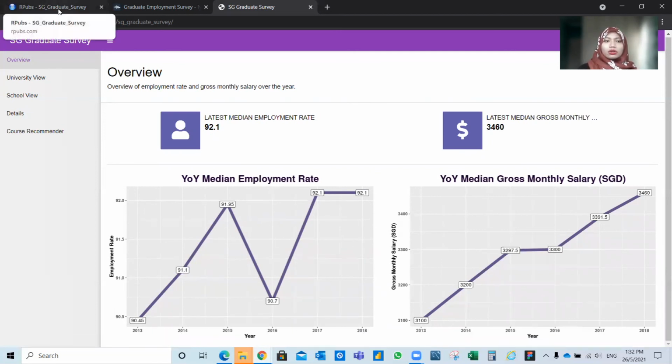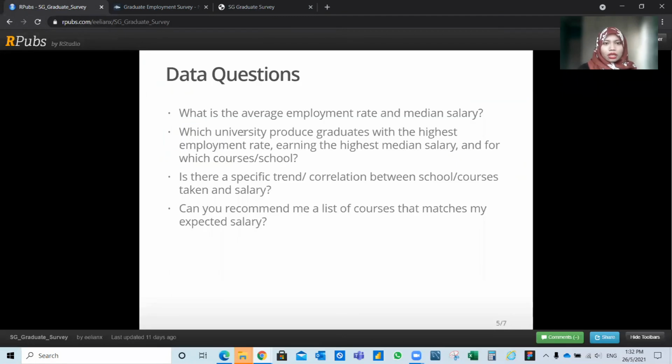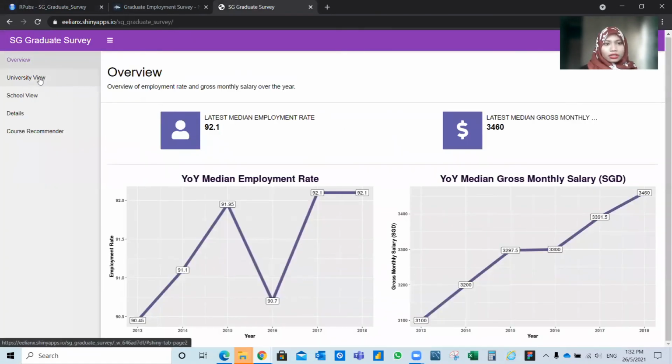So now let's go into the second data questions. So we would like to know which university produces graduates with the highest employment rates, and we would like to know the highest median salary, and which courses or schools obtain that achievement. And we can go into the university view.